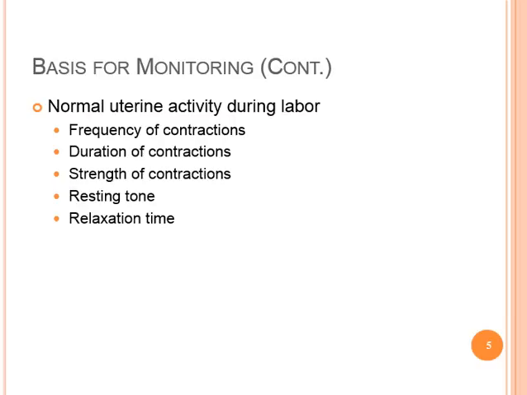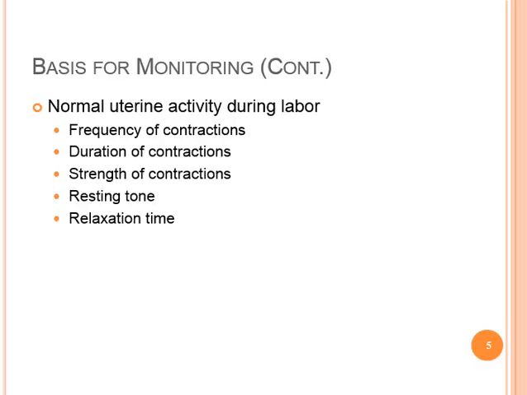Then we have the duration. The contraction duration remains fairly stable throughout the first and second stages, ranging from 45 to 80 seconds and not generally exceeding 90 seconds. So the duration is how long the contractions last. Then the strength.